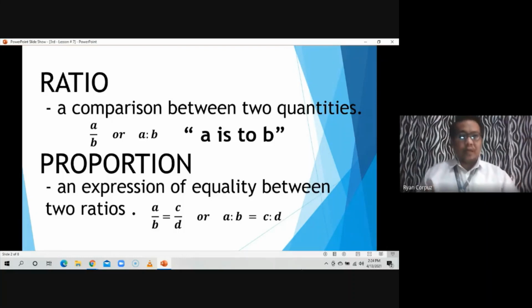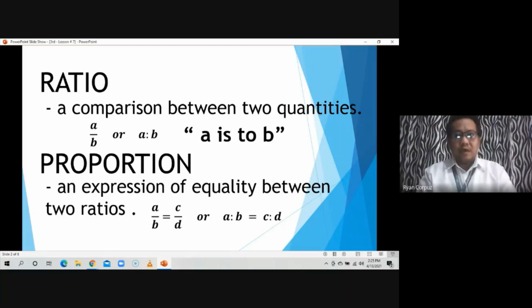Hindi man sila magkapares ng numerator or denominator o yung mga unang number when we write it in colon form o yung pangalawa, still, when you simplify it using a concept on simplifying fraction, so you will say that they are equal. So ganun dapat yung proportion. So it's not like na kapag meron kang dalawang ratio, equate mo, proportion na kaagad. So magiging proportion yon if the two ratios that you are equating are equal.